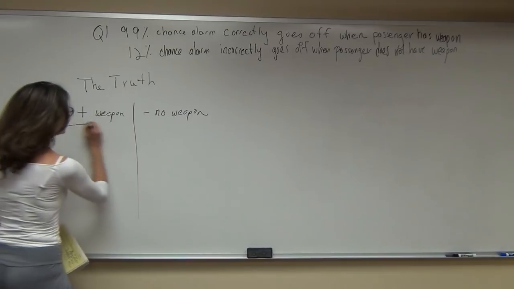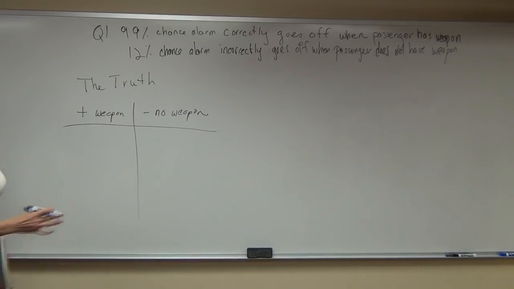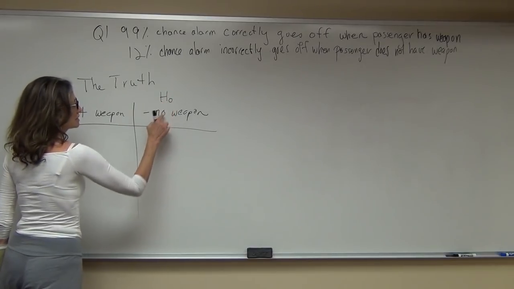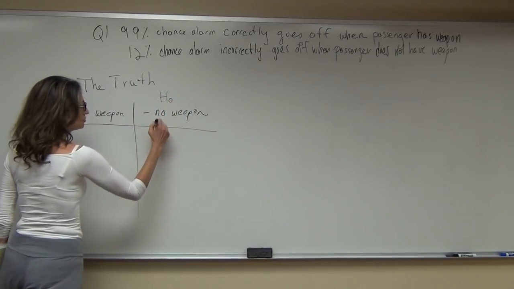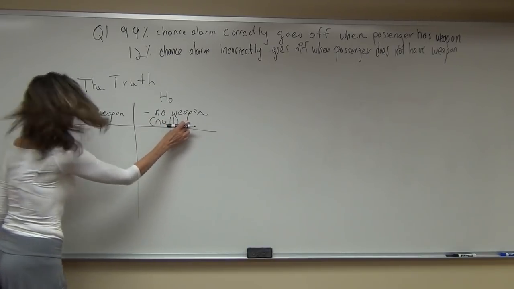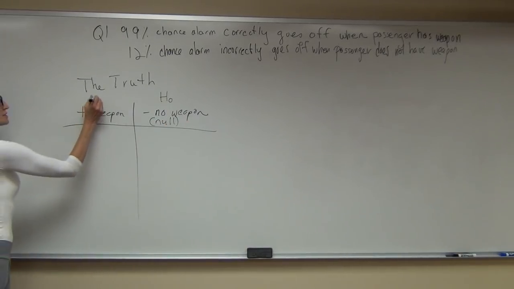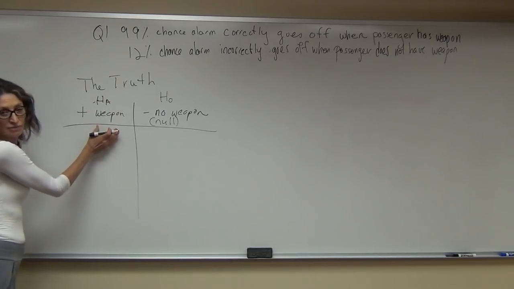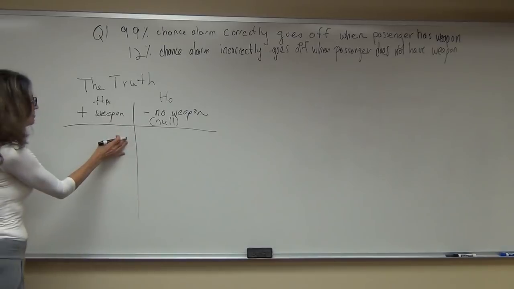And then the null hypothesis is always that you're assuming no weapon. Null means no, so no null. Just think like that. That's the null hypothesis. And the alternative hypothesis is a super simple one, that they have a weapon. They have the disease. There is a fire, etc.